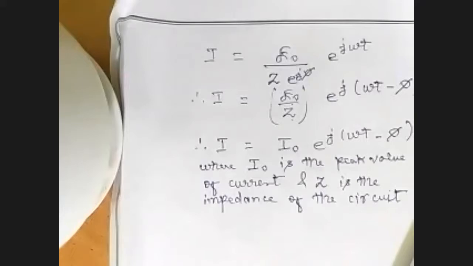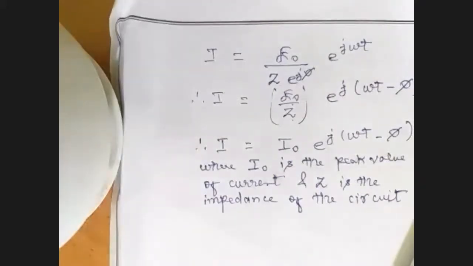We have L as well as C in the circuit. Earlier we have seen whenever we deal with L, then current lags behind the voltage. When we deal with a pure capacitive circuit or CR circuit, current leads the voltage by some phase angle.